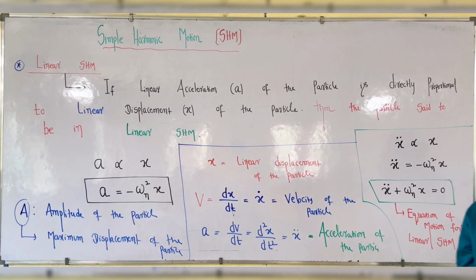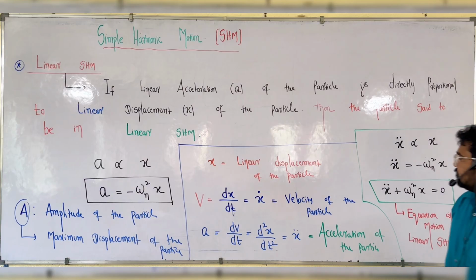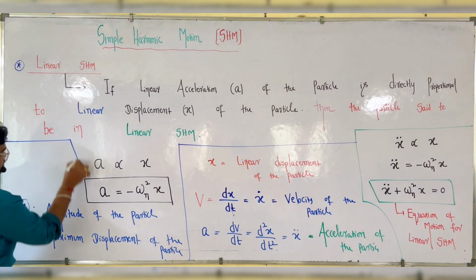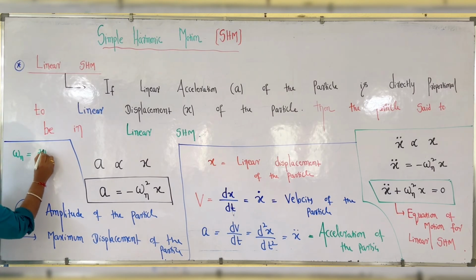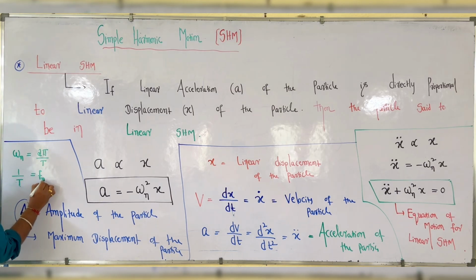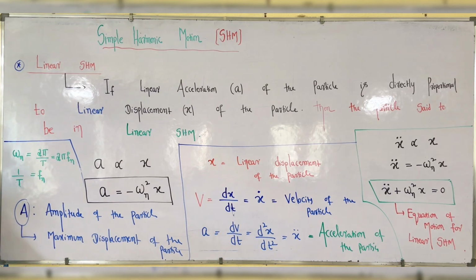Omega n equals 2 pi by T, and 1 by T is the frequency, so that equals 2 pi fn.